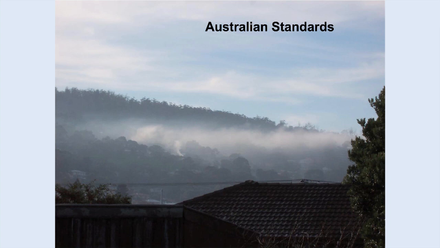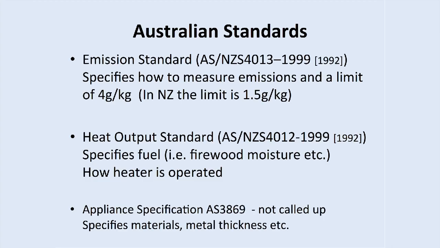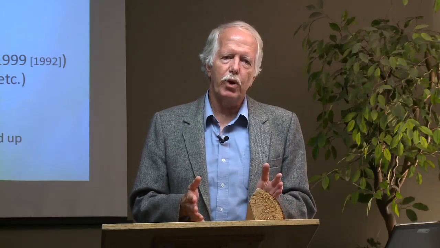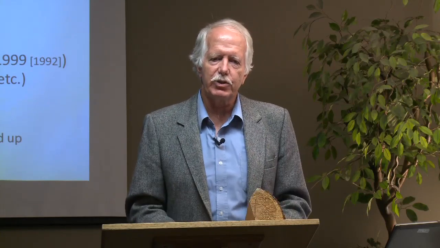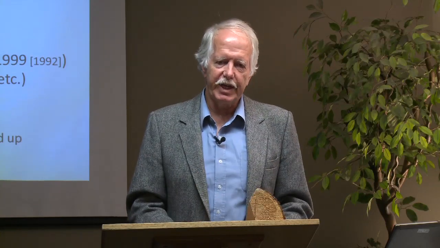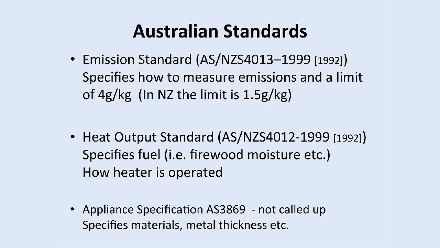Now, the way in which in Australia we deal with wood heaters, there are several things. Firstly, we encourage people to burn them well, and I'll talk about that in a minute, but we also have Australian standards where heaters have to be designed and tested to achieve certain emission limits, and there are Australian standards for how much smoke comes out, and there are Australian standards for how efficient the heater is. At the moment in Australia, the emission standard says that you are permitted up to 4 grams of smoke for each kilogram of wood that's burnt.